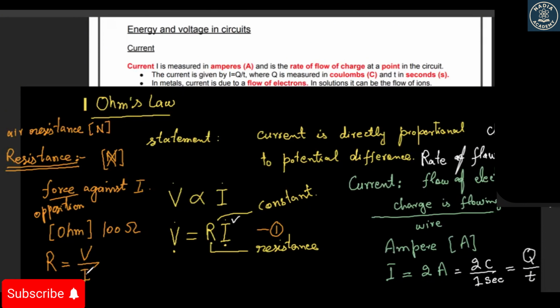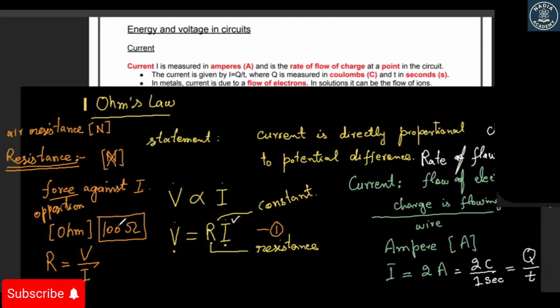So this will be 100 if I have 1 ampere, 100 volts, meaning that you need 100 volts to push 1 ampere current into any wire or element that has a resistance of 100 ohm, meaning these many volts against each ampere.